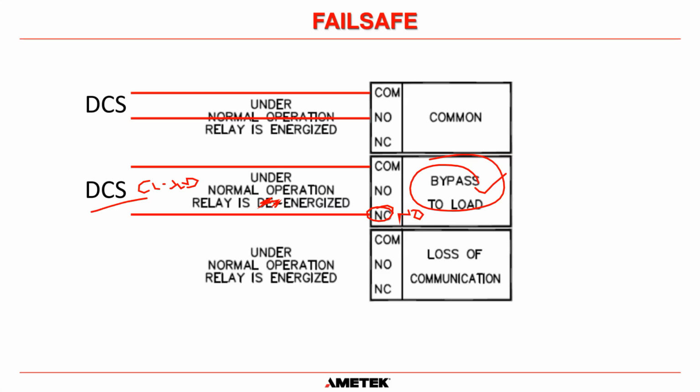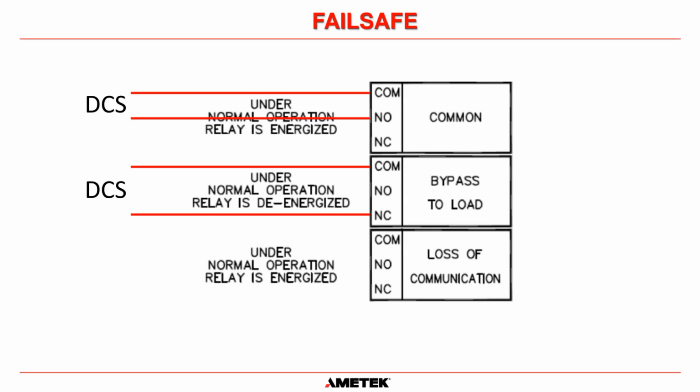And your DCS system is looking for an open signal to alarm. So therefore, you would connect common and normally closed for that alarm. Hopefully, that makes sense.